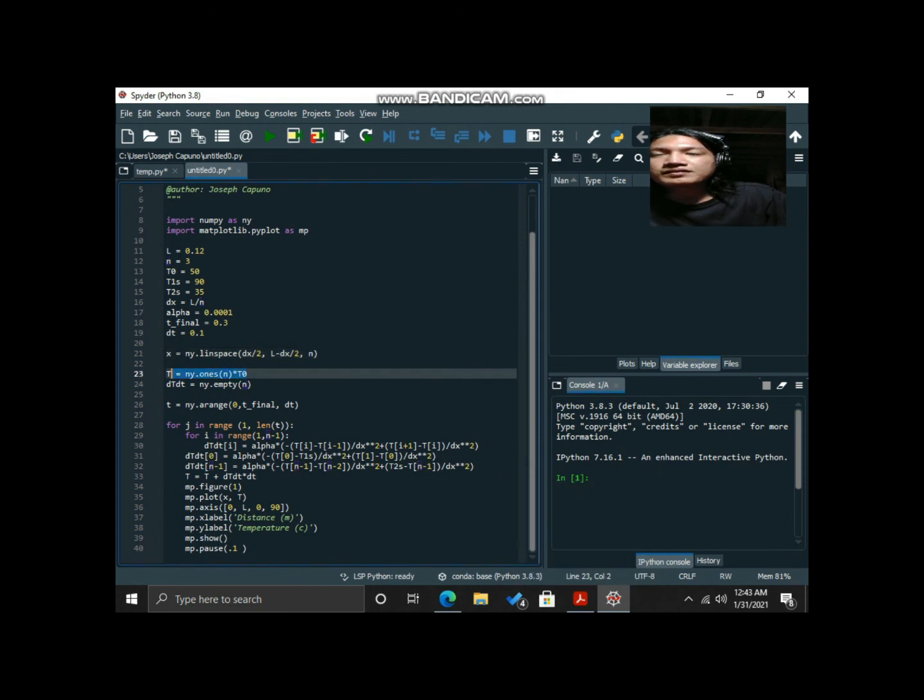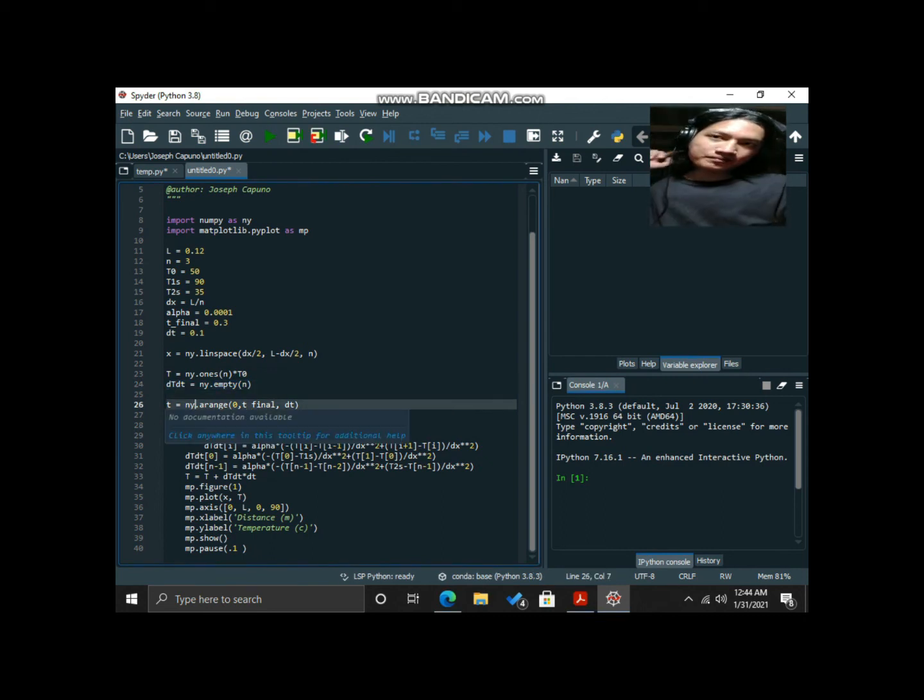So dito naman sa T is equals to np.ones n times T0. So gagamitin natin siya mamaya. Ibig sabihin lang yan is yung T mo is 50. Tapos itong dT over dt is equals to np.zeros n. Ito namang time mo is np.arange, o yung range, alam naman natin yung range.